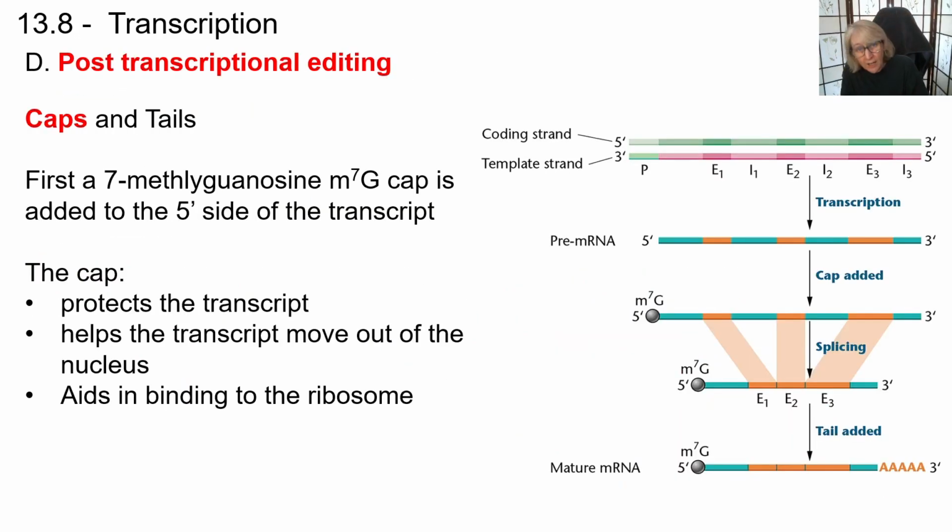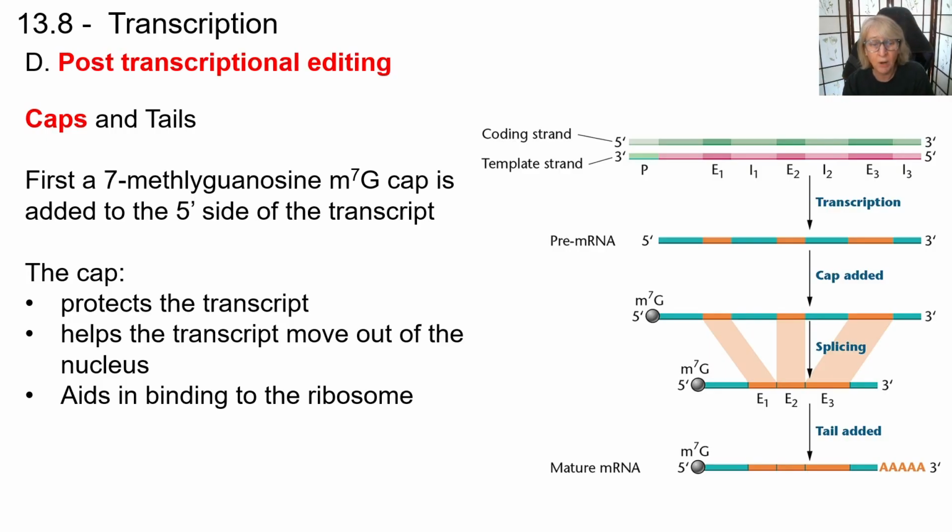Frankly, the next part of transcription is very similar to what you did in a bacteria. Your RNA polymerase 2 reads the DNA template. It makes a transcript from it by matching A to U and T to A and so on all the way down, building a piece of mRNA until it reaches the end.